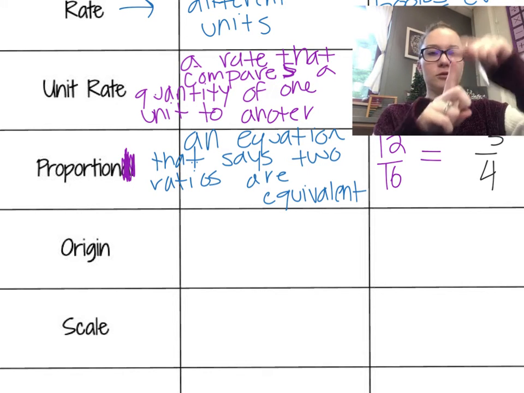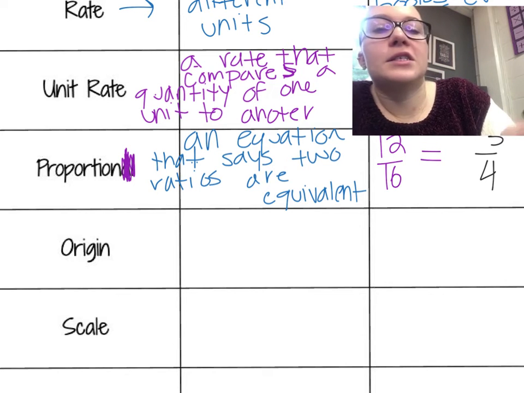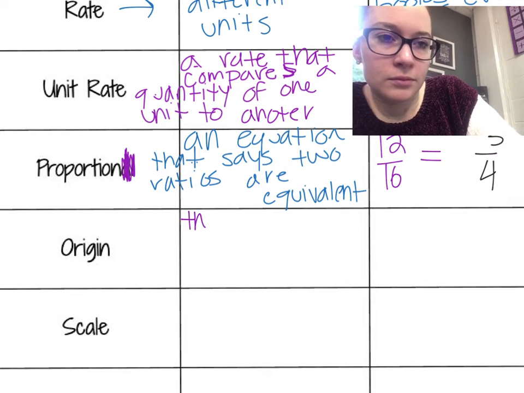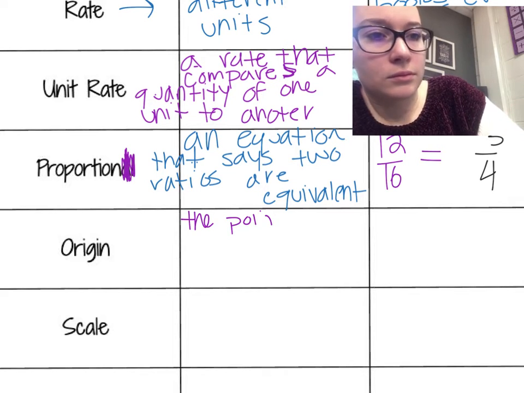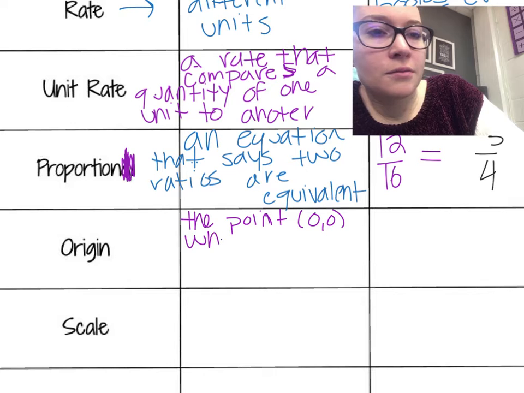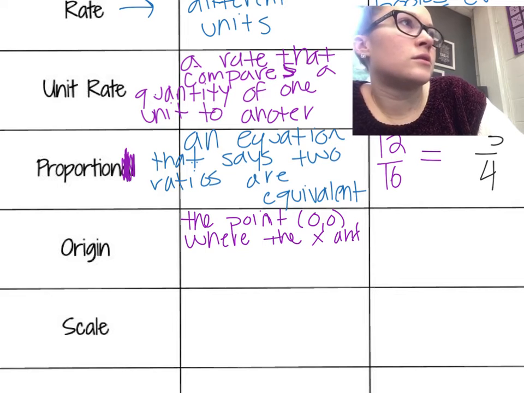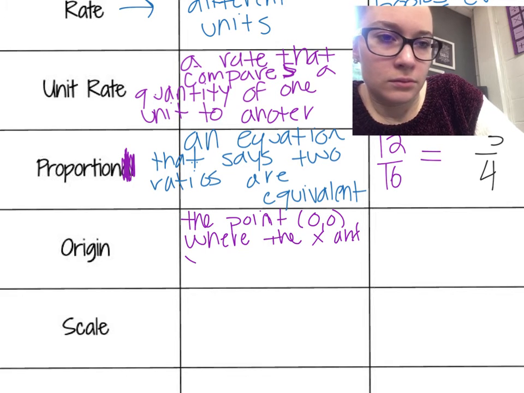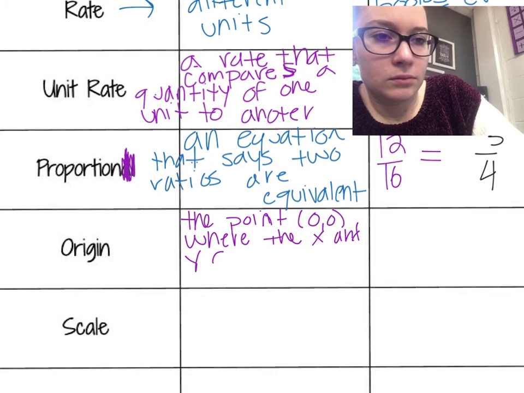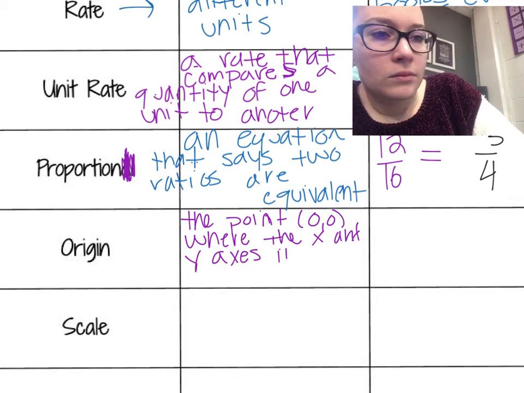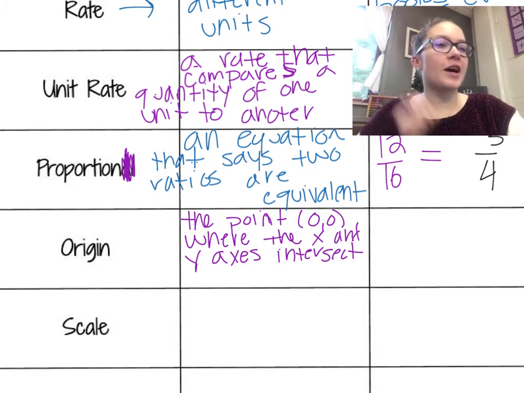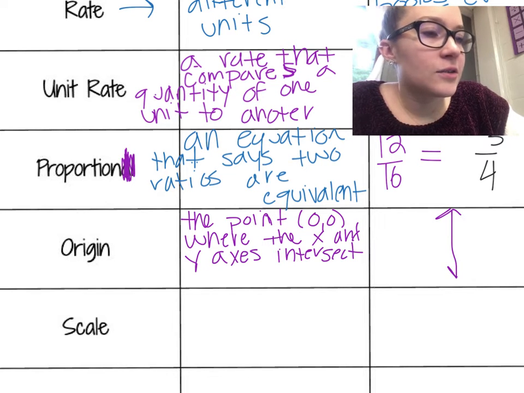So when it has the little cross and it has the plus, it's the point 0, 0, where the x and y axes intersect. Okay, so remember when we're graphing, the y-axis goes up and down, right?